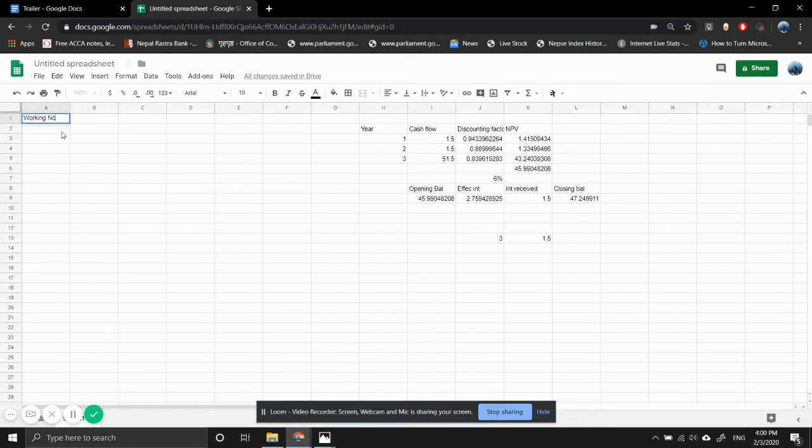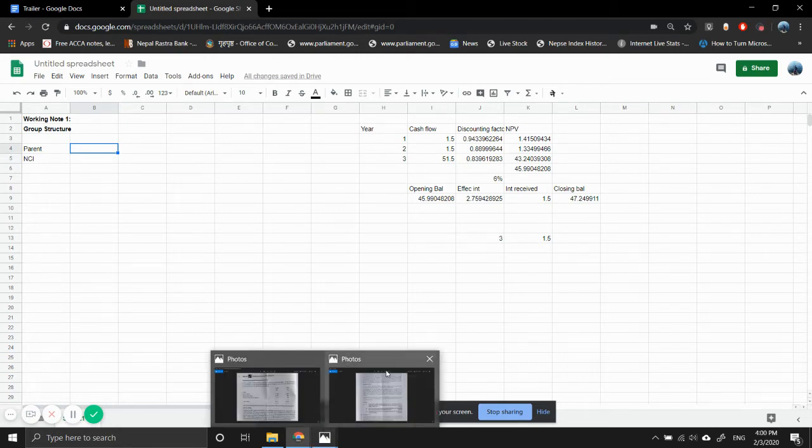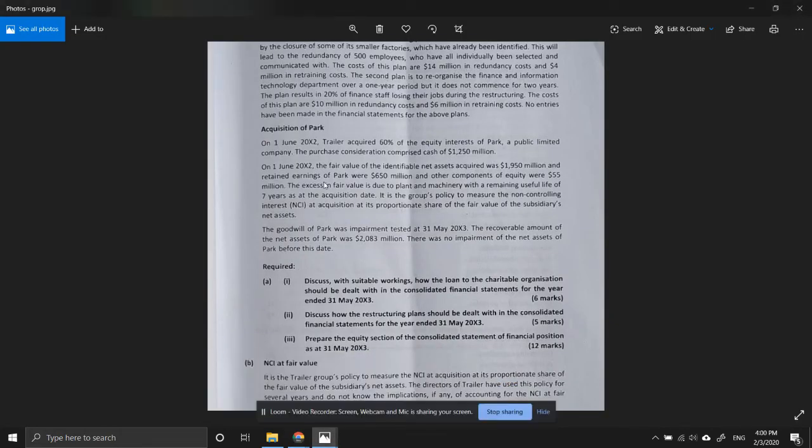Working note number 1, group structure. So what's our group structure? Parent and subsidiary, parent and NCI. On 1st June 20x2, exactly 1 year earlier, the parent acquired 60% of Park, a public limited company. The purchase consideration comprised cash.